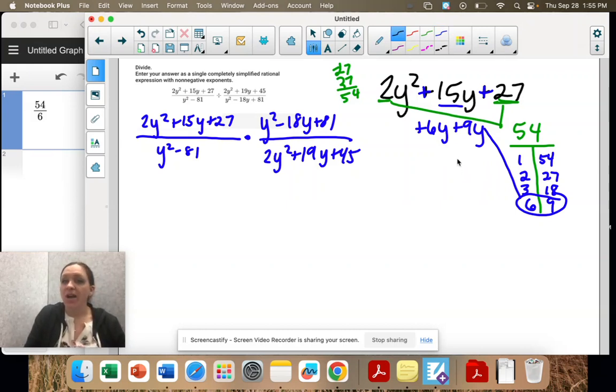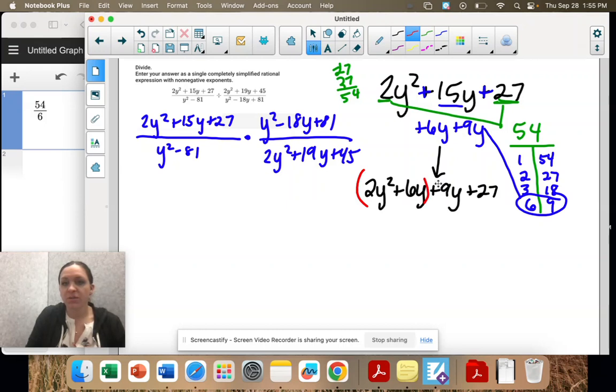And I wrote the y's because we are going to factor by grouping. So I'm rewriting the 15. And this is called factor by grouping because you group the first 2 and you group the second 2 and you take out common factors.